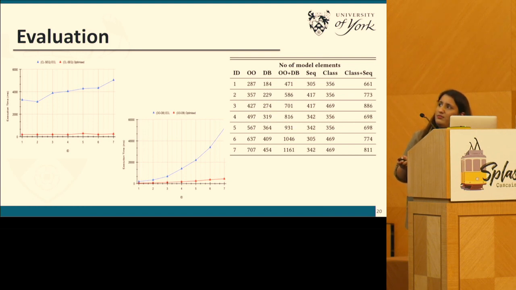Obviously, it comes at the cost of memory because we are storing a cache. And same for the OO to DB example. The red line depicts the optimized ECL, and this one is the traditional ECL engine. This is the table that depicts the number of model elements that we've evaluated our approach on.